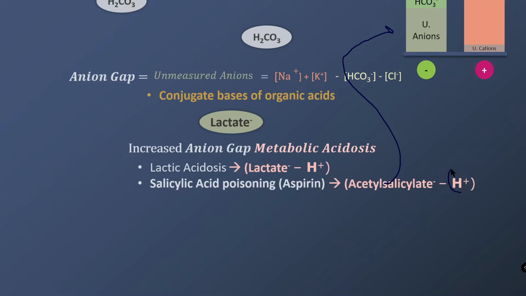Along with that, this proton will decrease bicarbonate. So due to this conjugate base of organic acid, anion gap will increase, and due to these protons, metabolic acidosis will be there. So this will be increased anion gap metabolic acidosis. Clear? Yes.